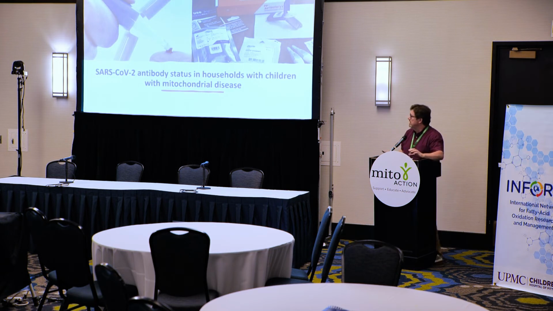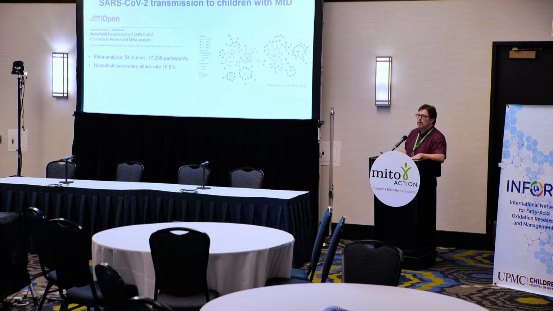Okay, so the first study is the SARS-CoV-2 antibody status in households with children with mitochondrial disease. The way we designed this study is based on this idea that members of the household, because they had to go to work, because they had to have contact with the public, some were essential workers, that there could be what are called secondary attack rates, right?